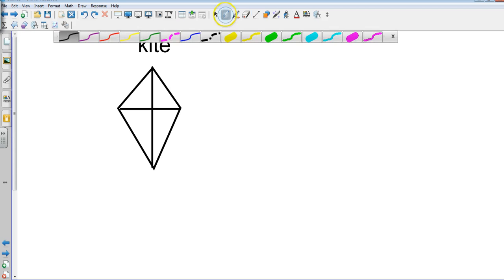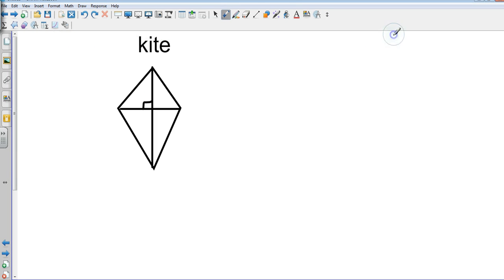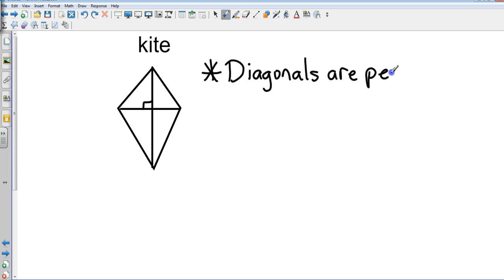A little human error on this one. By definition of a kite, very similar to a square or a rhombus, its diagonals will form a 90-degree angle, or its diagonals are perpendicular. Okay, so diagonals are perpendicular.